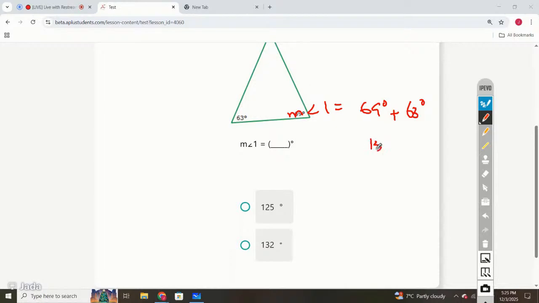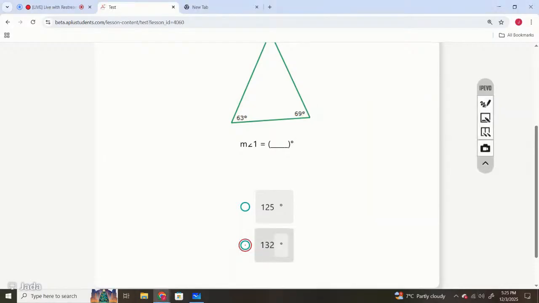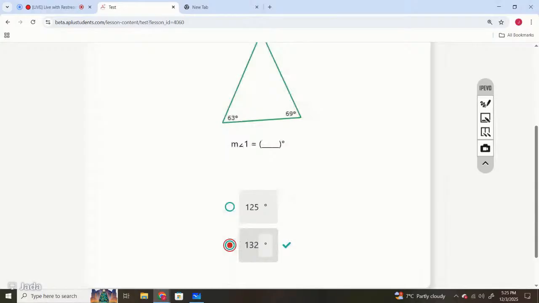That is 132 degrees. So option number 2 is the correct option. That is 132.